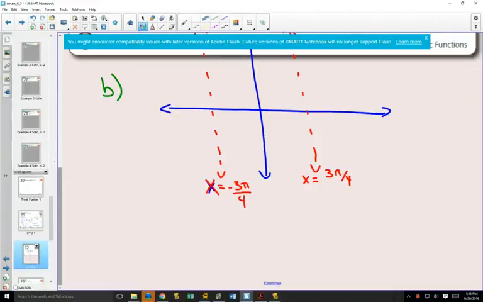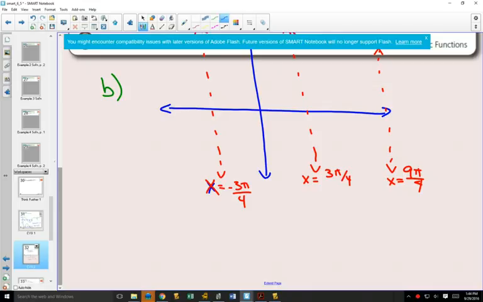And this one will be at negative 3 pi over 4. If you wanted to draw one more, you could. The one that was at 3 pi over 2, when you multiply that by 3 over 2, you will get 9 pi over 4.